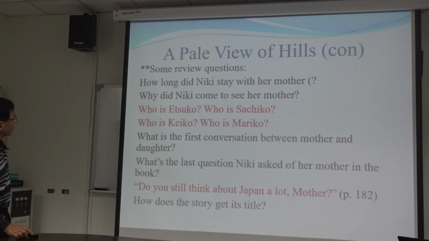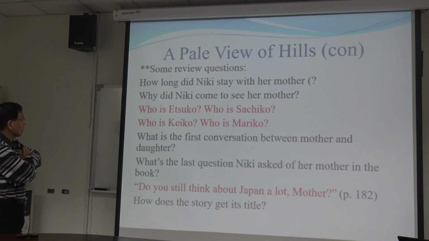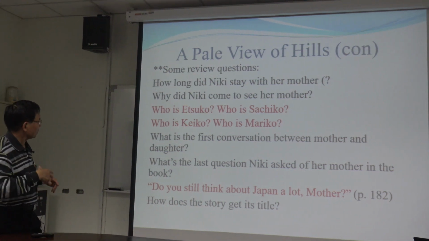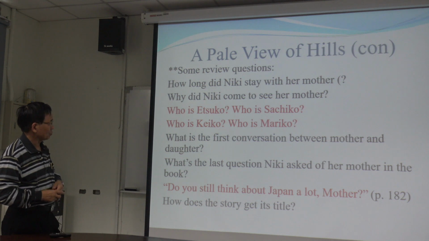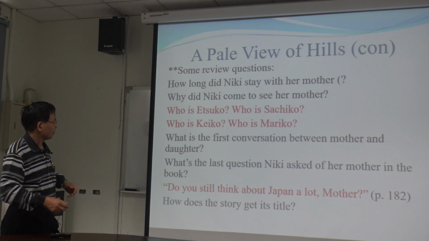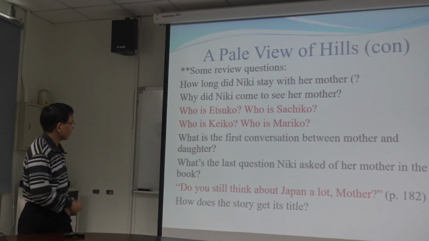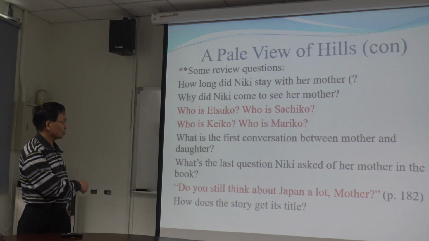And then, before we end this session, I have some review questions for you. For example, one easy question is, how long did Nikki stay with her mother? The answer is obvious. Then another question is, why did Nikki come to see her mother?